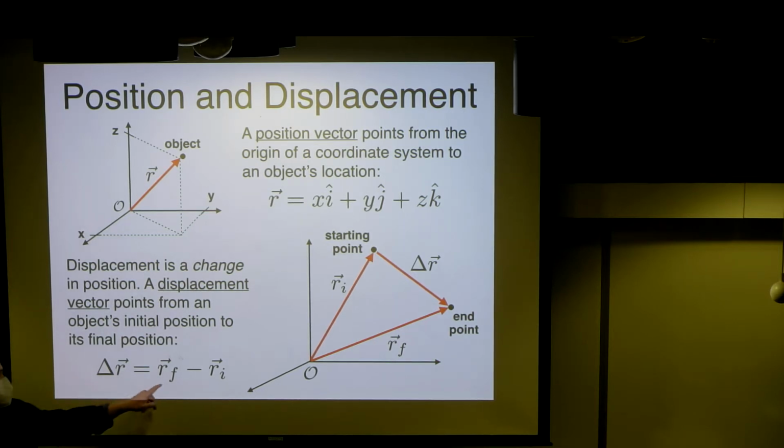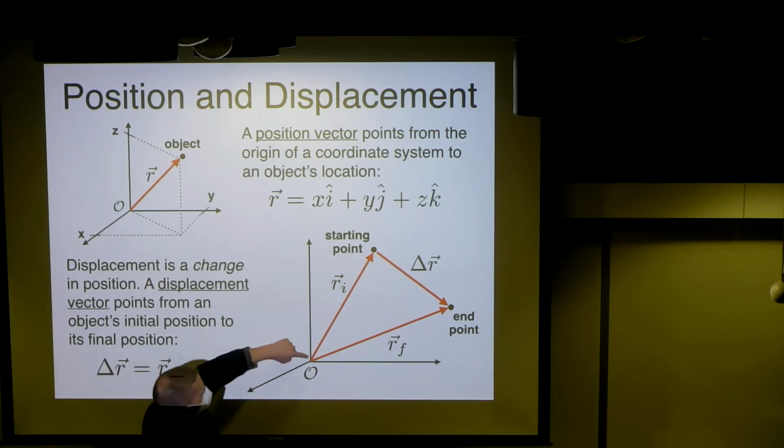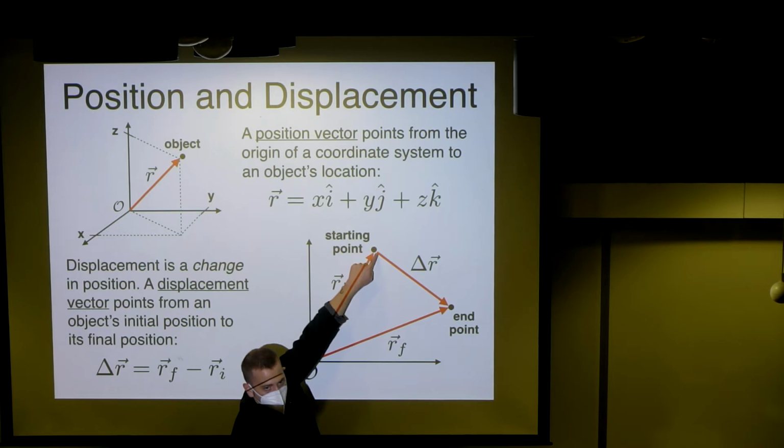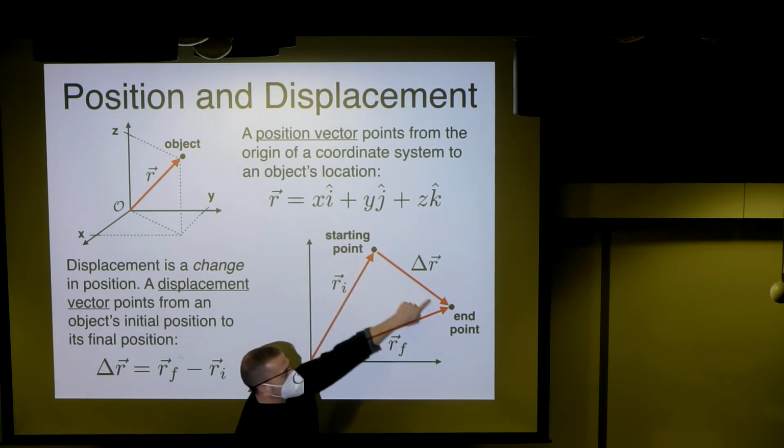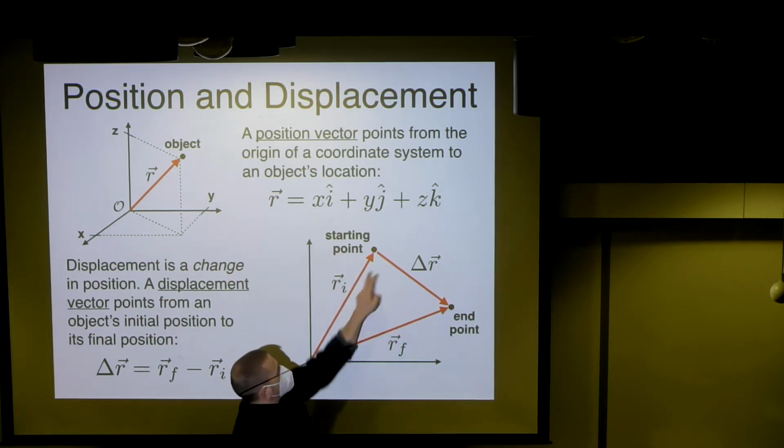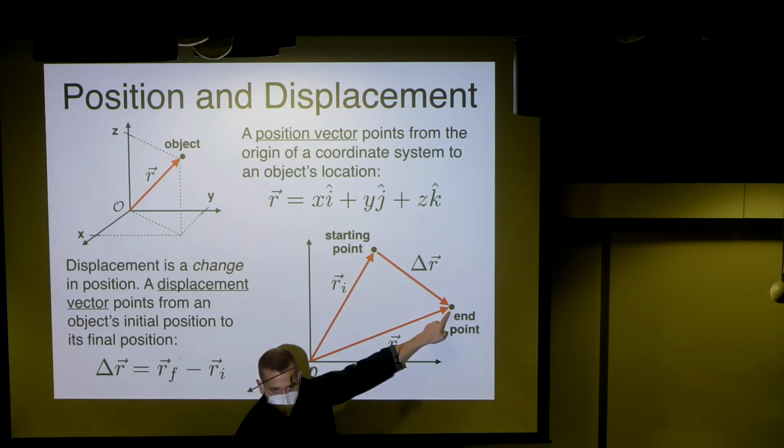So that's like saying, to get my final position, I'm just taking my initial position and then adding some displacement to it. That's just another way of thinking about what this is saying. So if this is my initial position, I've got a vector going like this, right? And then I have to add some vector to that to get to my final position. That's my delta r. And when I add these two together, I get my final position.